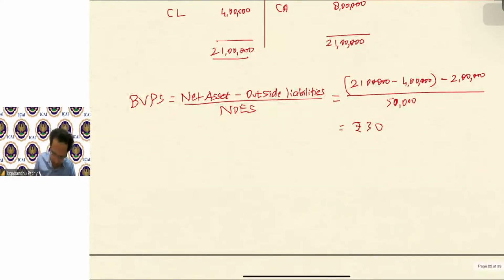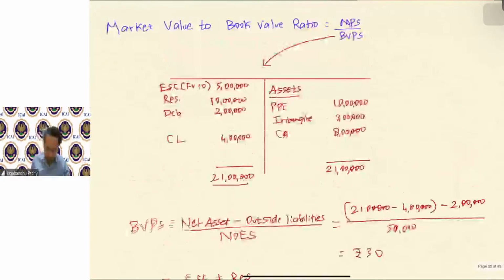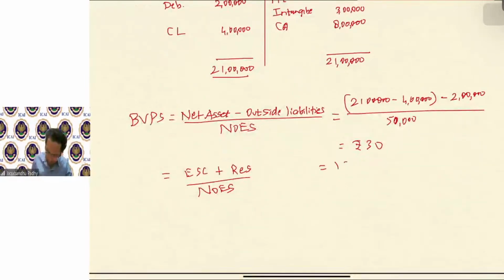You can actually compute this book value per share by the liabilities approach also, which is equity share capital plus reserves divided by number of equity shares. That also is going to give you the same: 15 lakh divided by 50,000, which is rupees 30.